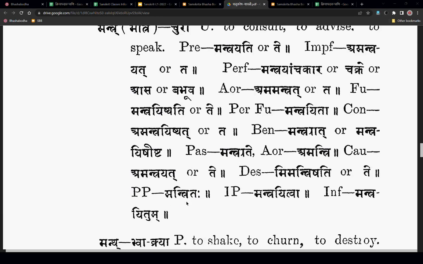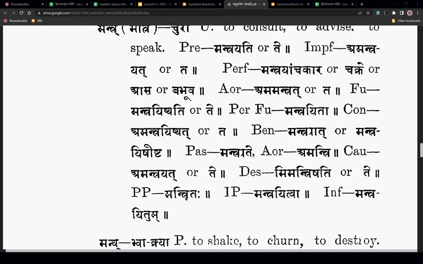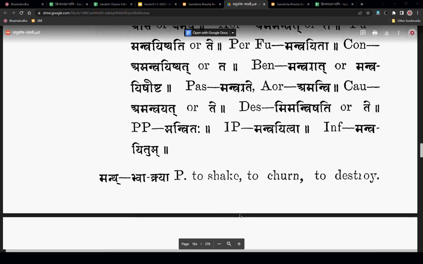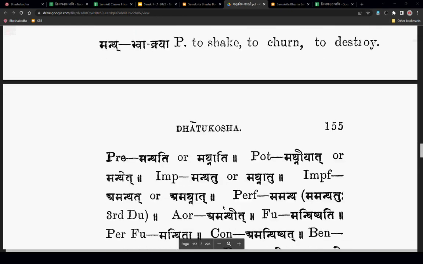In that you can add mantritavan, mantritavati for the Bhuta Kridanta forms. So this is one way: for any dhatu, if you know the dhatu, you can find out.